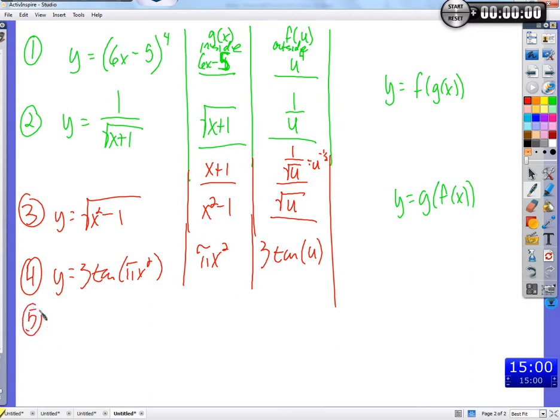Number 5 equals cosecant cubed x. This one's a little bit trickier. What function is inside? Cosecant x. And what function is it inside of? u cubed.